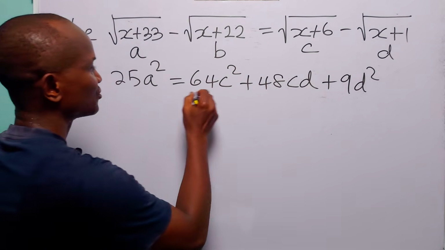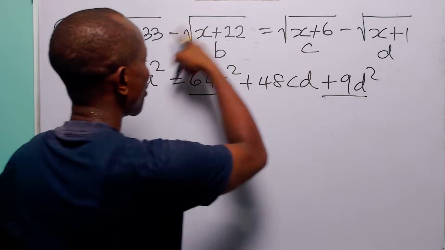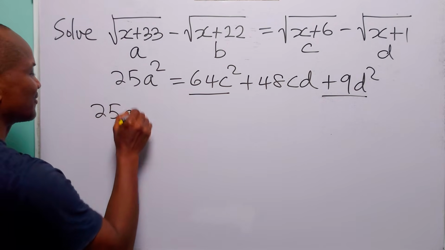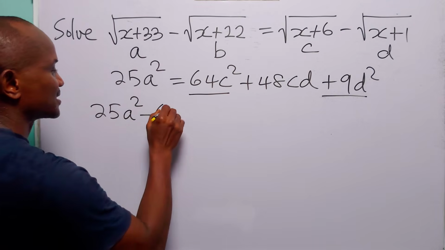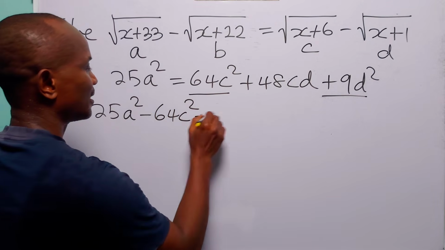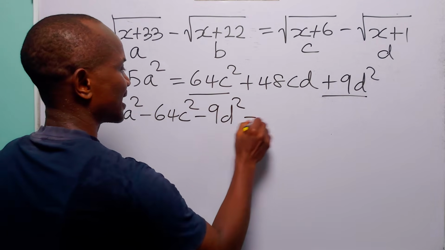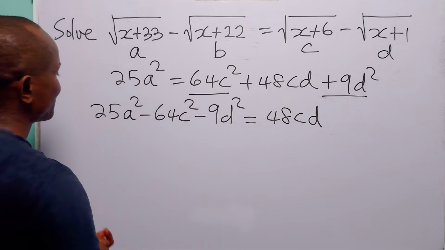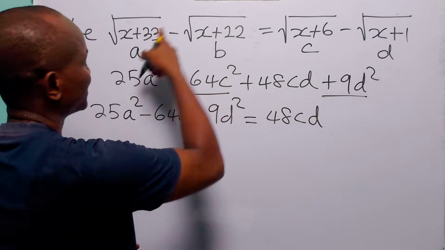Now, the next thing we are going to do is to move these two terms over to the left-hand side. When we do that, we have 25a squared minus 64c squared minus 9d squared, and of course this is equal to 48cd. Now we go back to the original equation.